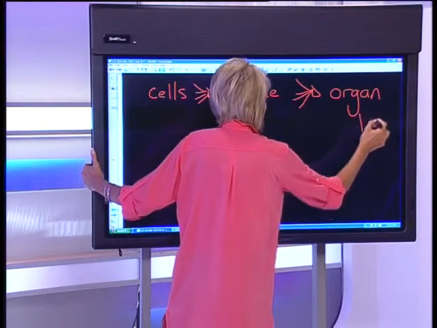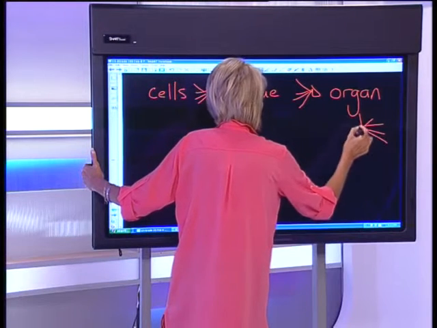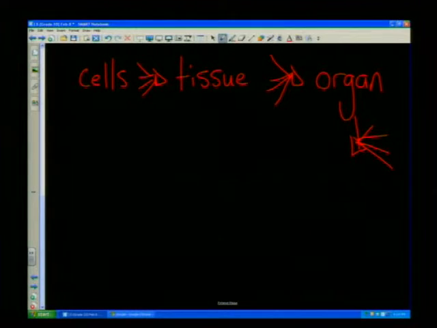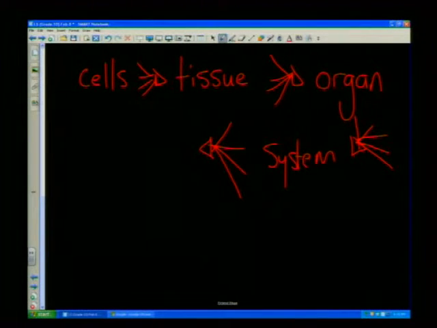And quite a number of organs will work together as a system. And all the systems in the body coordinate and work together to form an organism.